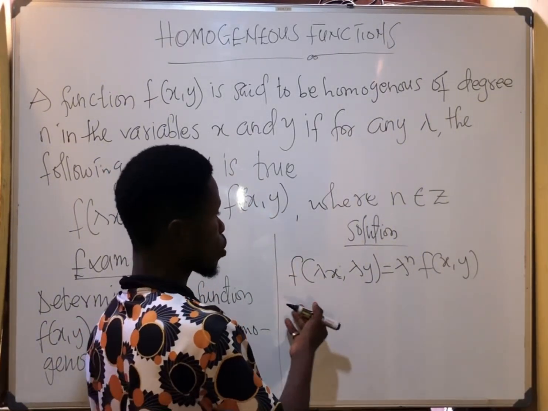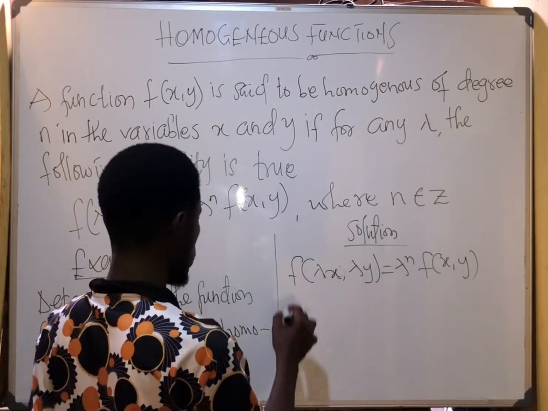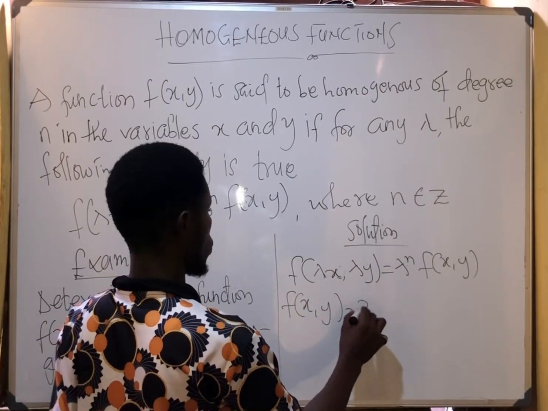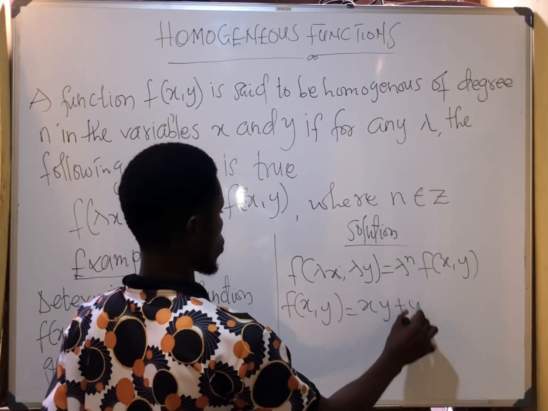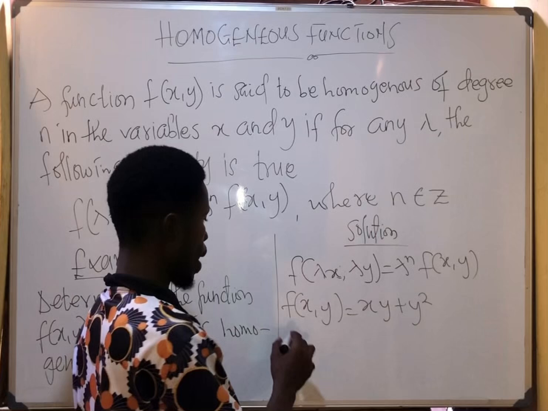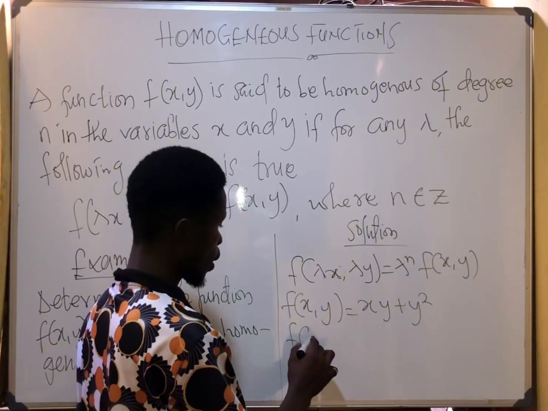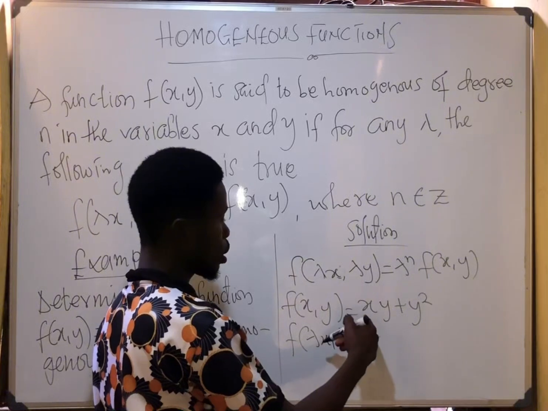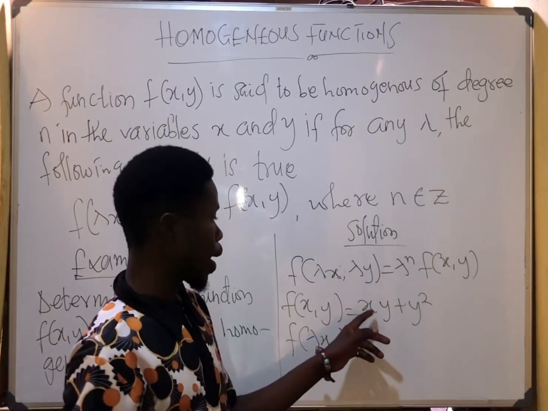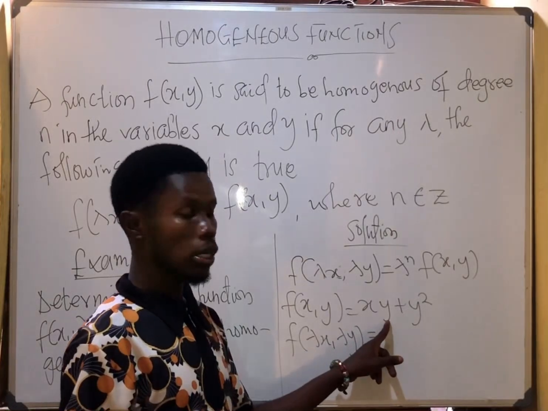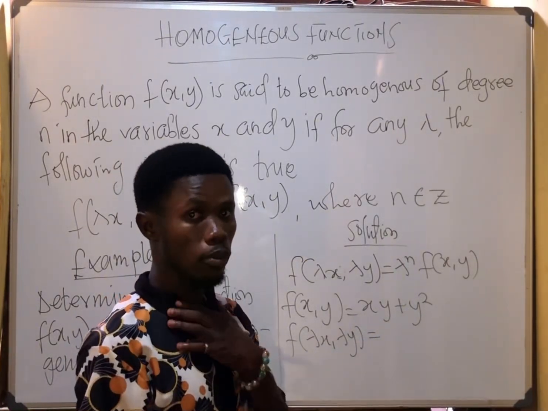So what you're going to do here is that the function given is f of x, y equals xy plus y squared. We are going to replace x and y by lambda x and lambda y. Wherever I see x, I'm going to replace it by lambda x. Wherever I see y, I'm going to replace it by lambda y.